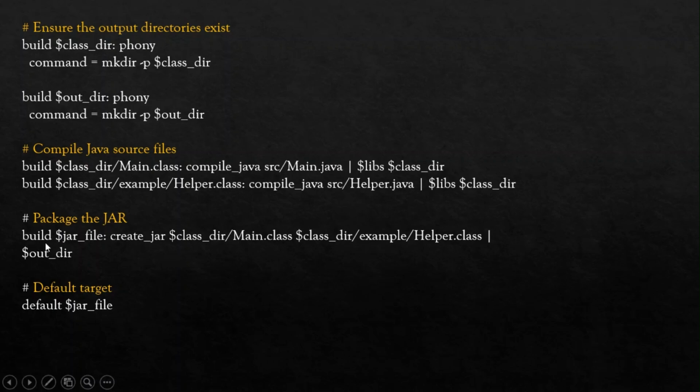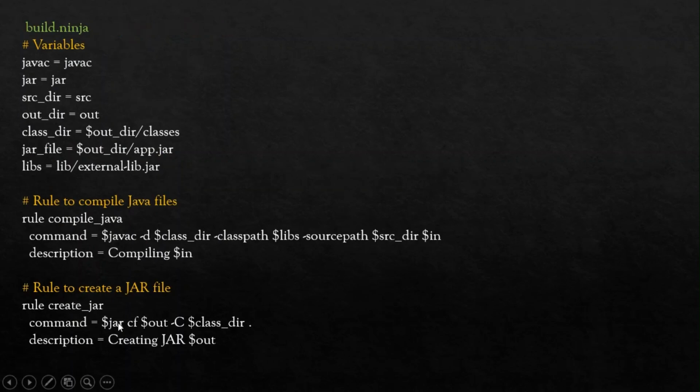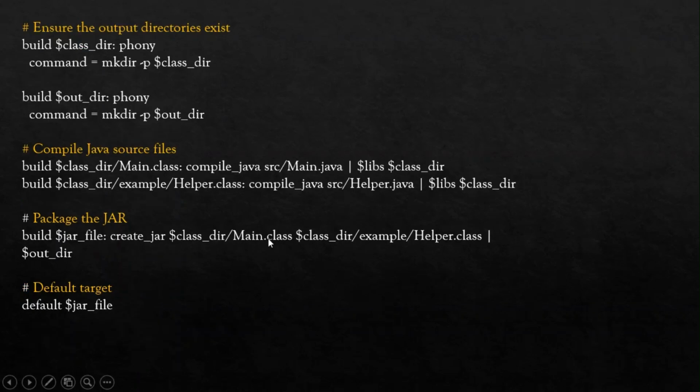Similarly, here also we are using the build command, this is my output directory, and here we are using the rule called create_jar. So the control comes here, rule create_jar, and the input and output are replaced in the command. Here the input will be helper.class and the output will be the jar_file folder. So basically this includes the build keyword, the rule name, the input and the output files.